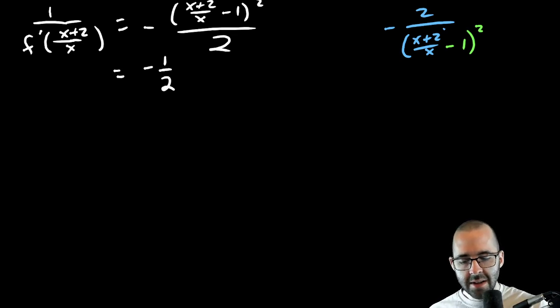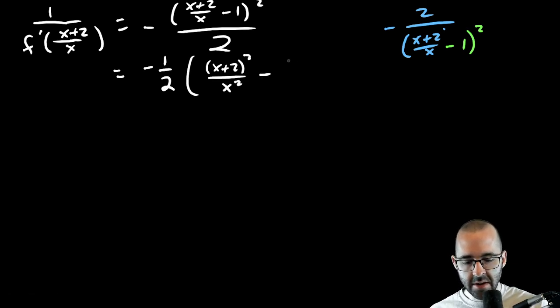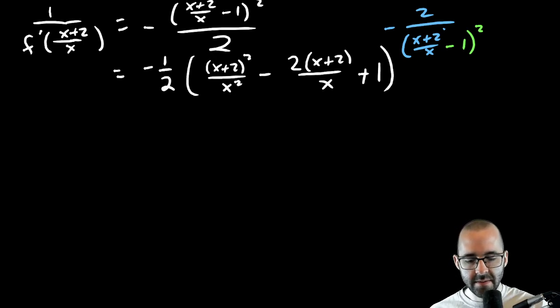We have a binomial that's getting squared, so let's FOIL it out. It's going to be the first thing squared, (x plus 2) squared over x squared, minus double their product. It's going to be -2 times (x plus 2) over x, plus the last thing. And now we utilize a couple of different methods to simplify.